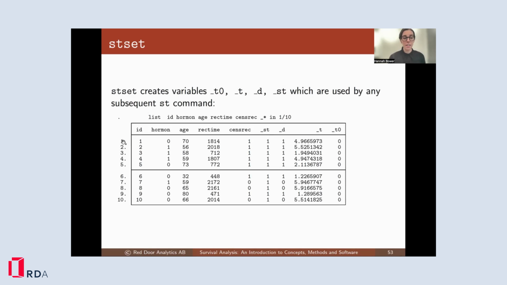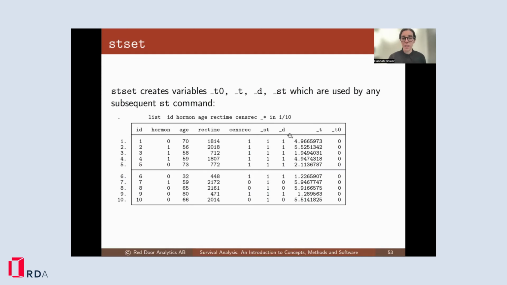If we again list the first 10 observations in our data set, I'm listing exactly the same variables I had before, except now I've added these 4 separate variables. So the _st variable represents whether or not these individuals should be included in any subsequent survival analysis. Now, here we saw that we had no exclusions from our analysis data set, so every observation should be included in our analysis.